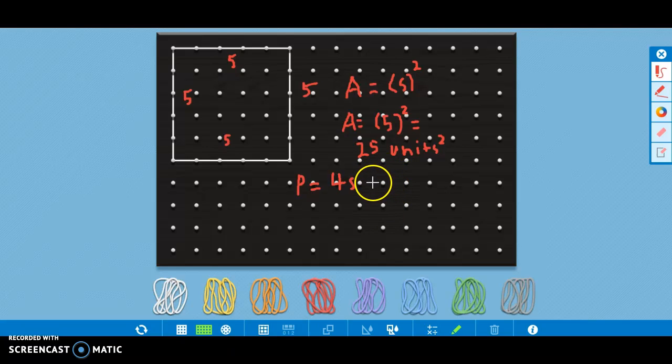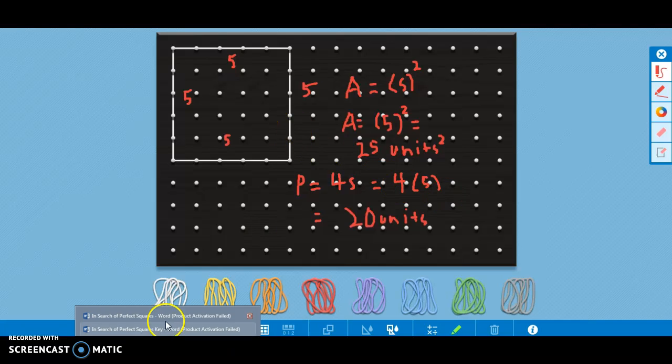So our length of s is 5, so it's going to be 4 times 5, which is equal to 20 units. And it isn't units squared because we didn't multiply two unit lengths together. We just multiplied it by that because that's how many sides there are in a square. There are 4 sides. So you have to multiply it by 4 to find the perimeter.